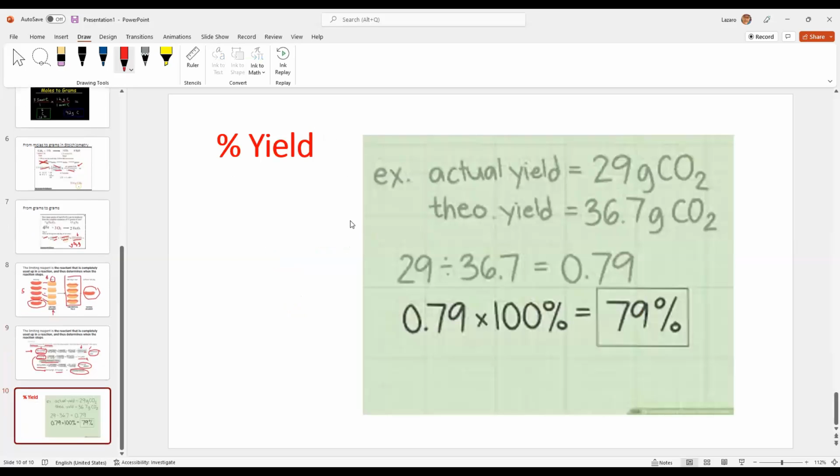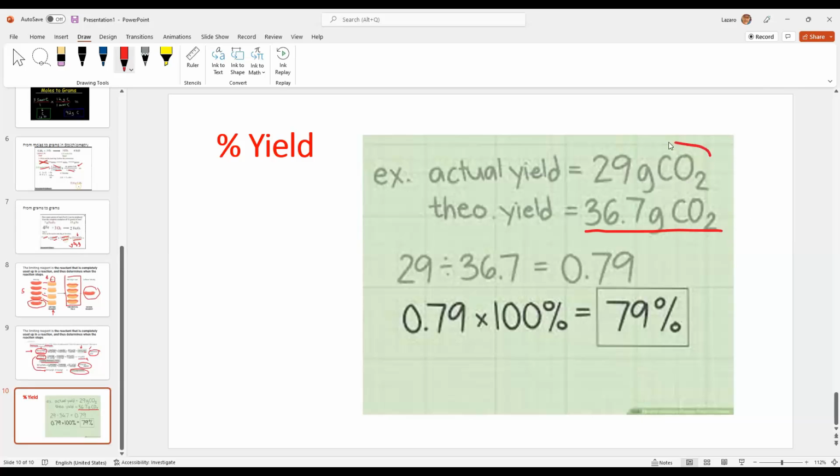Well, what is the percent yield? In a chemical reaction, not always will you get the theoretical yield because of many problems. Maybe you don't have the temperature, the pressure, or any other situation that is necessary in order to have the reaction 100% completed.